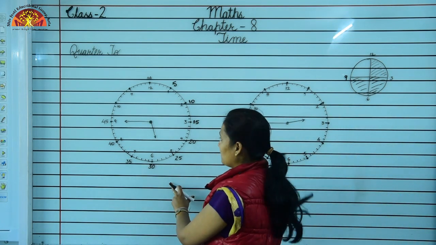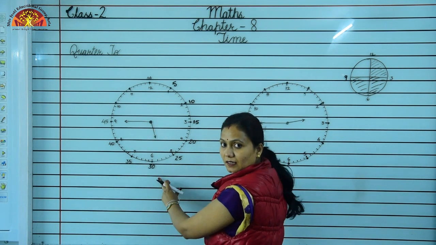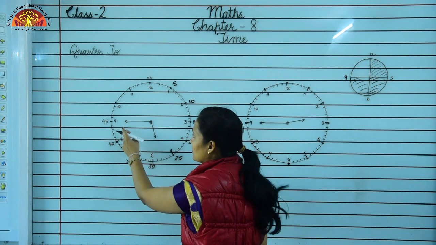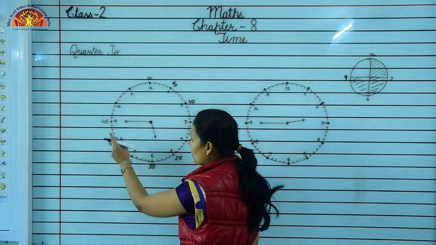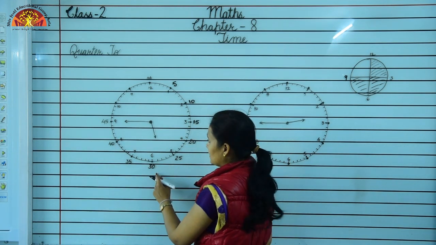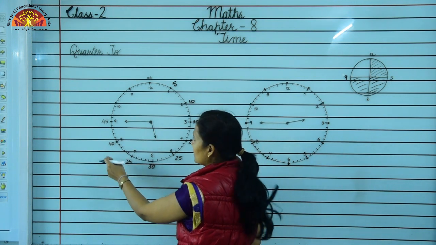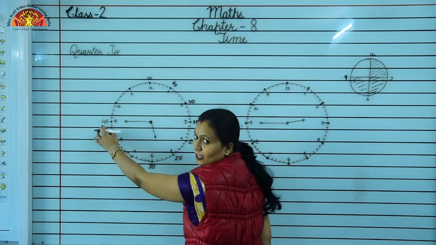Here you can see the hour hand is between 5 and 6 and the minute hand is at 9. So this 9 represents 45 minutes. How? At 6 it was 30 minutes. Then 7 is 35, 8 is 40, 9 is 45. So this is 45 minutes.